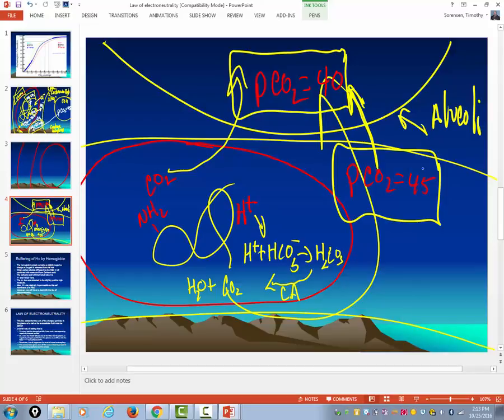As the PCO2 begins to drop, bicarbonate from the plasma will enter the red blood cell.